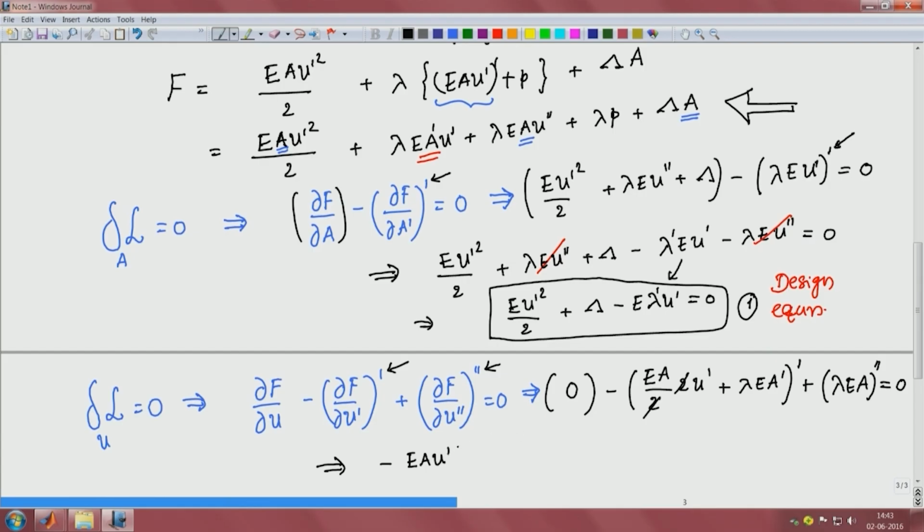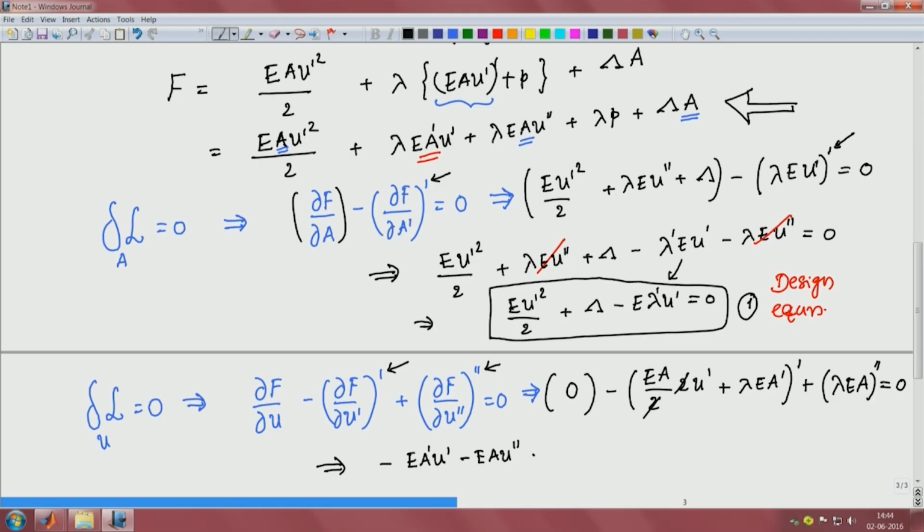The prime of E A u prime will be E A prime u prime minus E A u double prime. E A prime u prime, and then E A u double prime when you take it, and the other one here I will leave as it is. In fact, it is also minus, not plus.